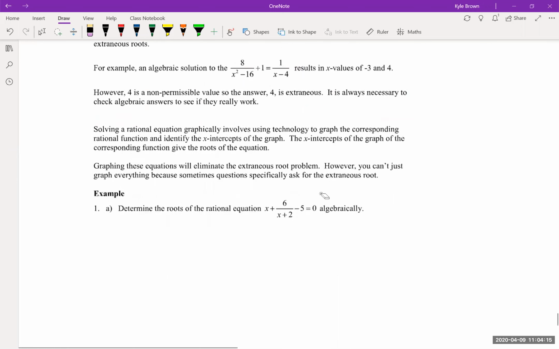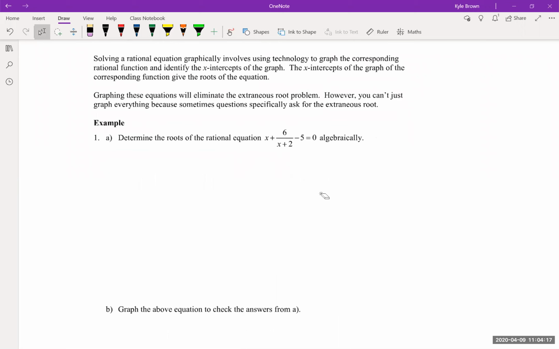So here, let's do example 1. It says determine the roots of the rational equation algebraically. So really what that means is we've got to solve for x. I'm going to rewrite this a little bit differently.